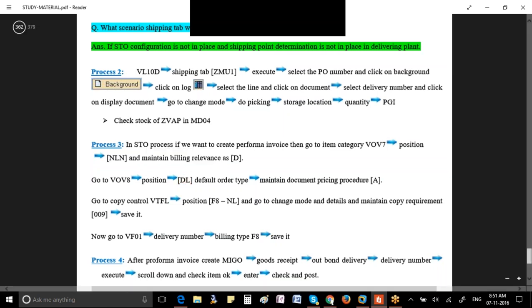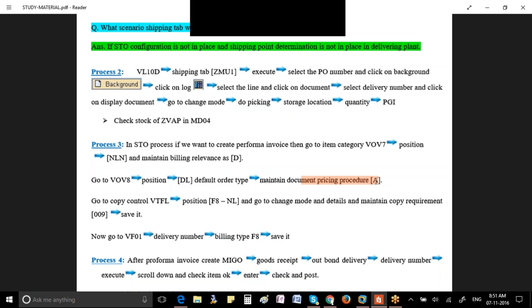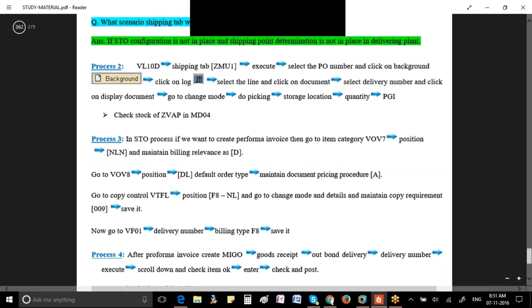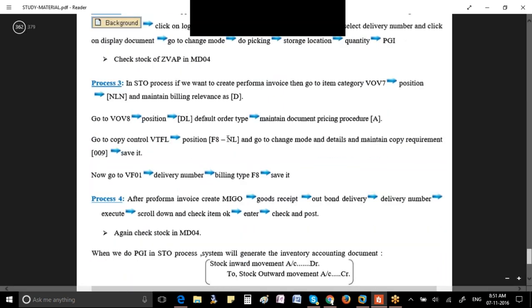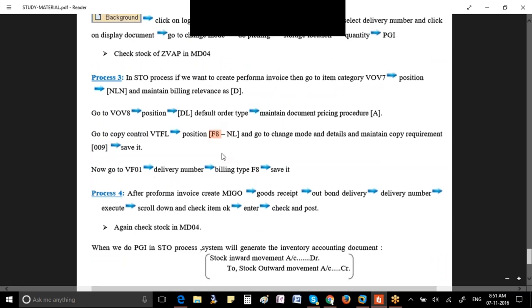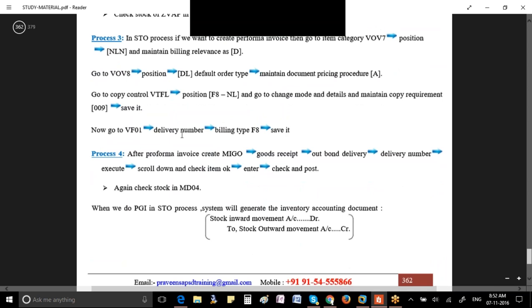So default order type DL, and maintain the document pricing procedure as A. And we have copy controls here between VTFL, F8 and NL, default delivery type NL and billing type F8 for pro forma invoice. And for copy requirement, you have standard 009, which is for the pro forma invoices. You can create a pro forma invoice with reference to the delivery number.